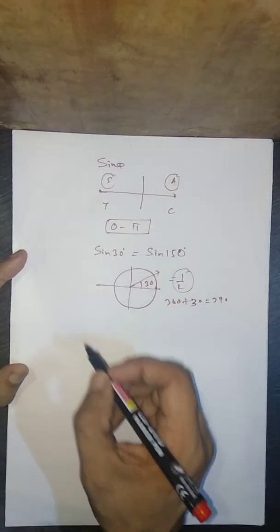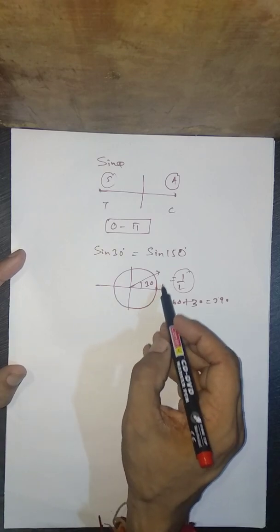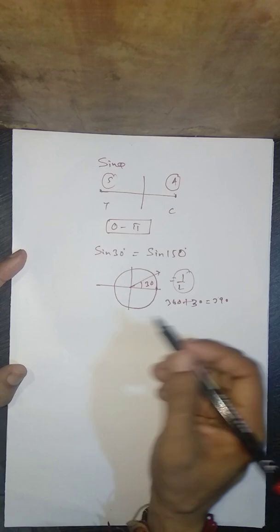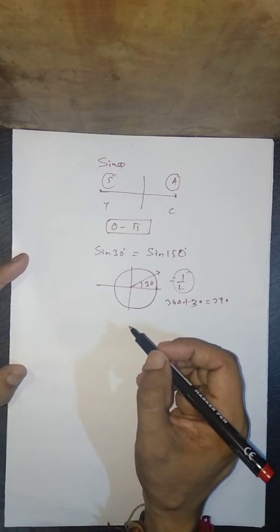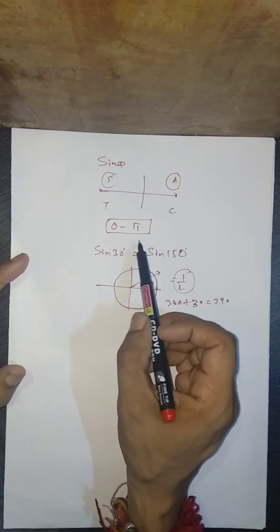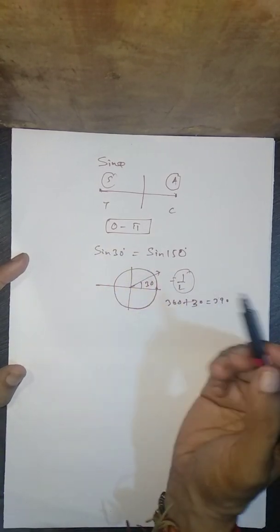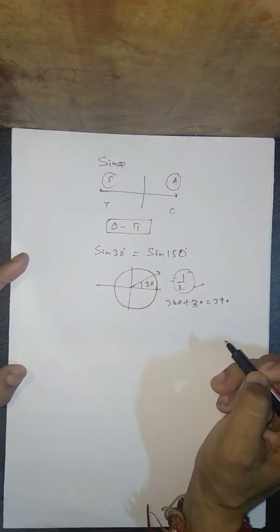So there may be multiple values, after one round, second round and third round. It means multiple values are possible for the sine, and that is called the general value. The principal value is from 0 to pi, and there may be a number of general values that will give us 1 by 2.